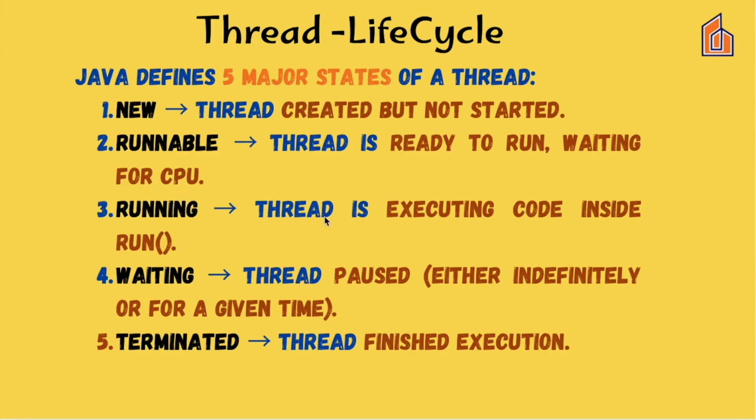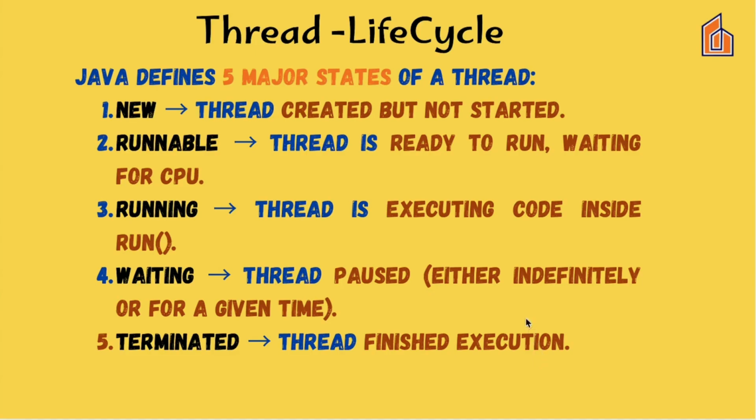Running is when the thread is executing code inside the run method. And waiting is when the thread is paused either indefinitely or for a given time. Then the last step is terminated: the thread finished its execution.